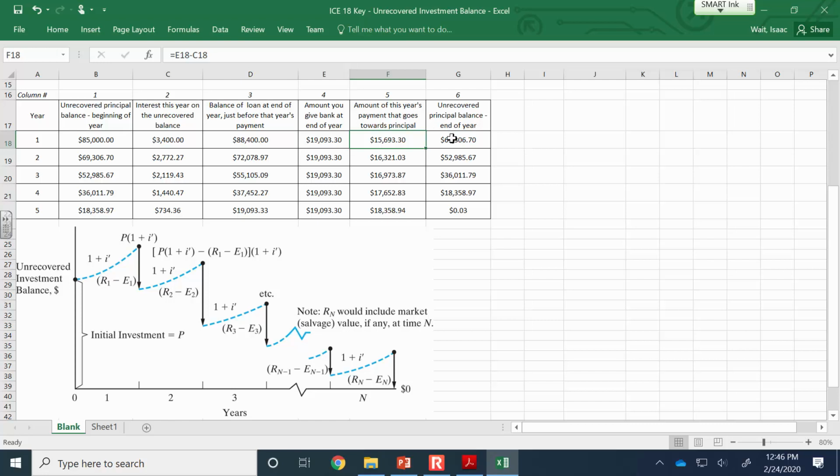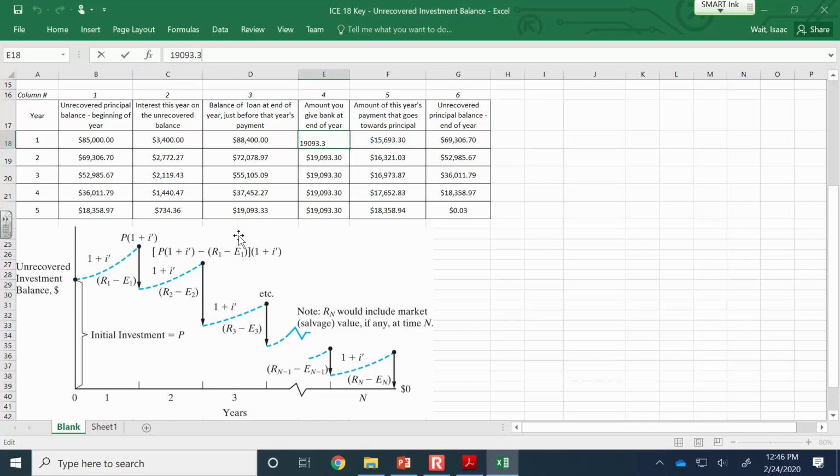So you notice towards the end we're looking for it to go to 0, and it doesn't go exactly to 0. That's because I just did it to the nearest penny here. $19,093.30.